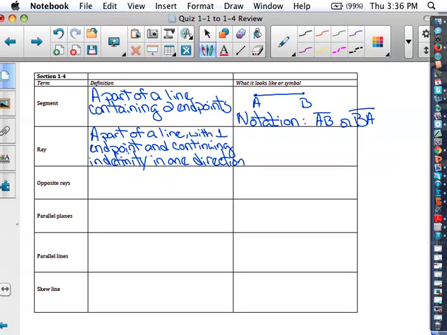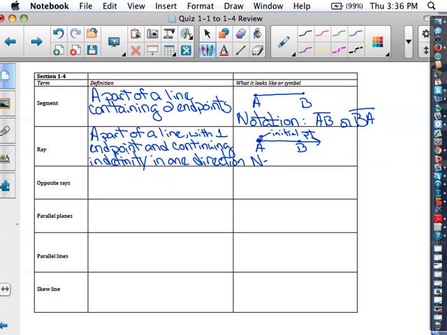So, for example, I might have ray AB, where the initial point is A, and it passes through B.